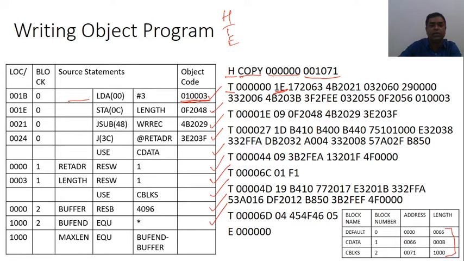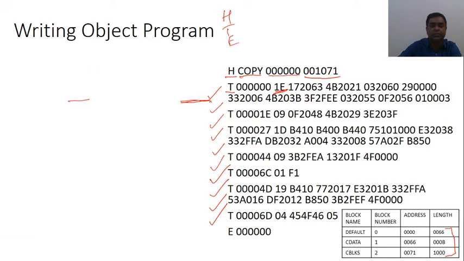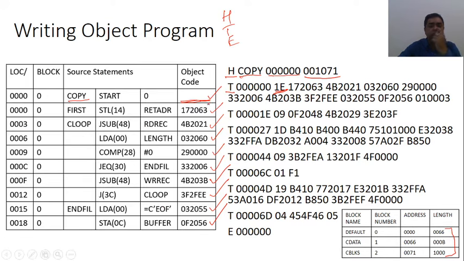It means we can get 30 bytes of object code in this text record. So the size of this text record becomes 1E, because 30 in decimal can be written as 1E in hexadecimal.